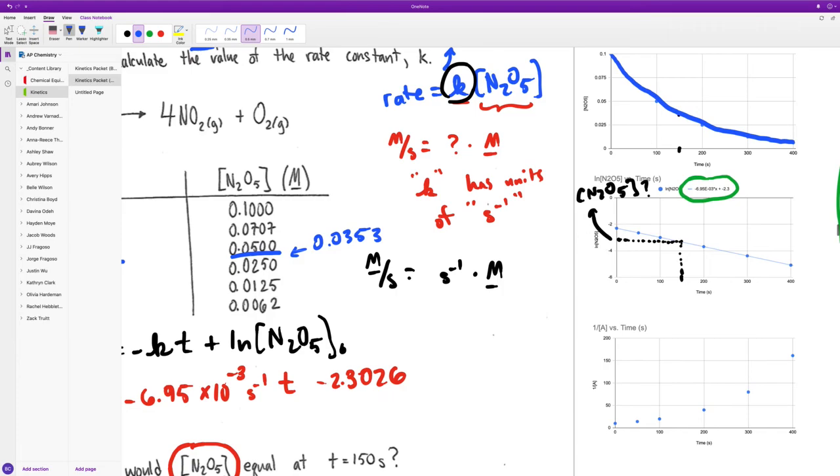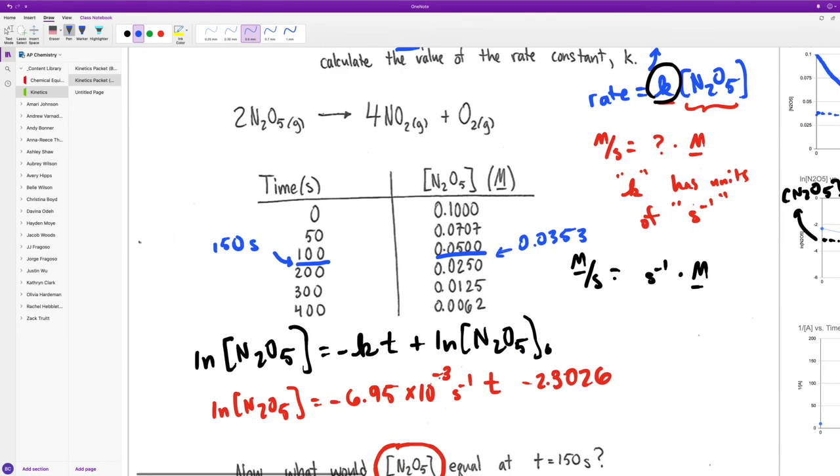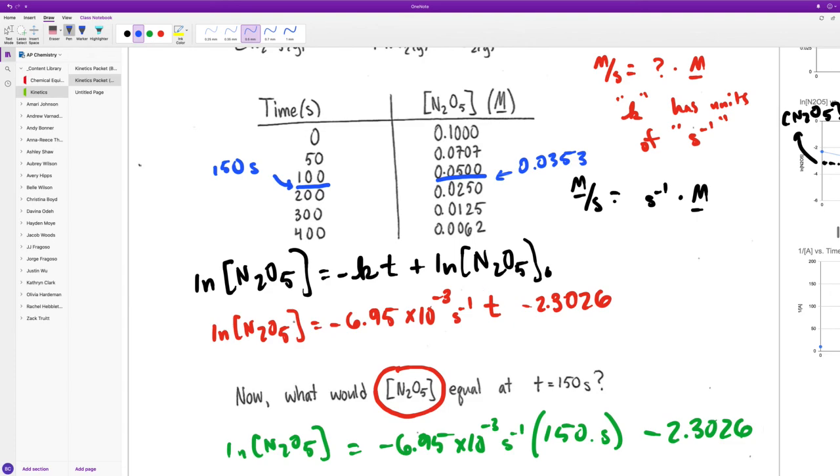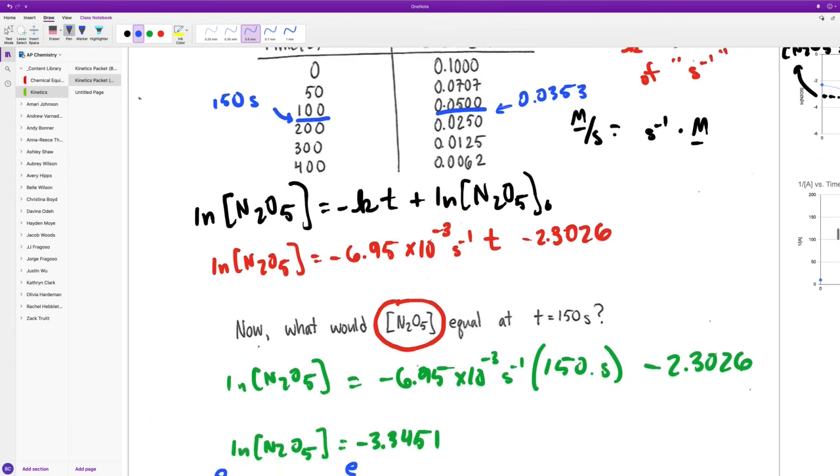The natural logarithms of the concentrations were halfway between these natural logarithms. That seems reasonable, so at least we've got a reasonable answer, and that is how we find it. Now that we have the equation of a line, substitute in the time to find the concentration at that time.